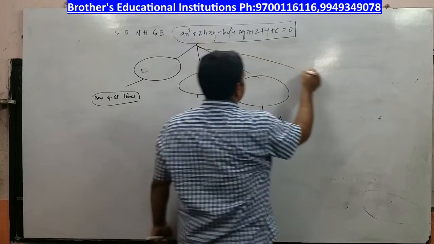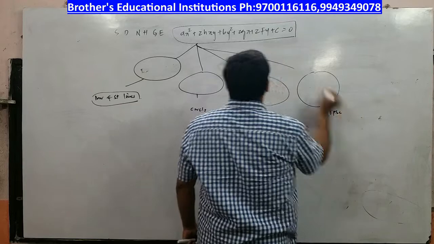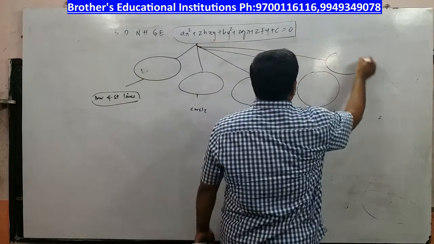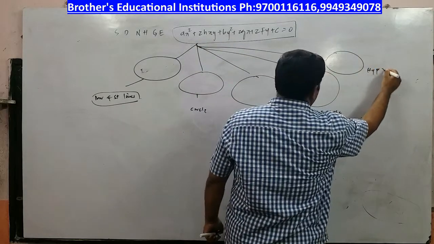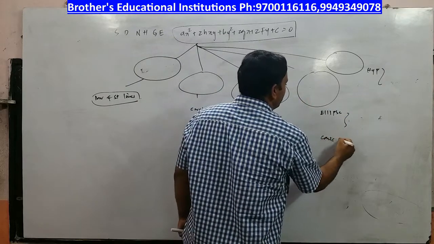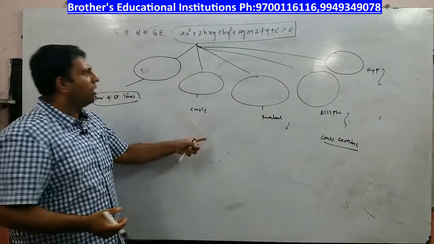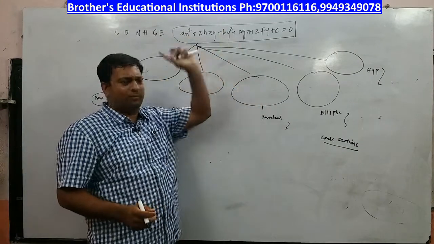If it satisfies some other condition, it will be called as ellipse. It will be satisfied with some other condition, it will be called as hyperbola. Now this part and this part, together they are called as conic sections. That we will see later on. Right now you understand that all roads lead to Rome. Everywhere it is the same.